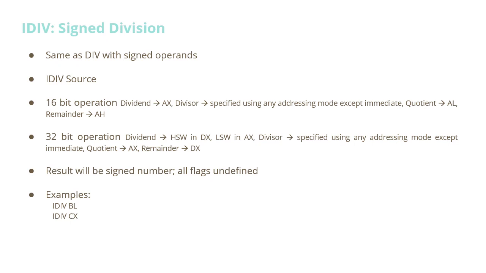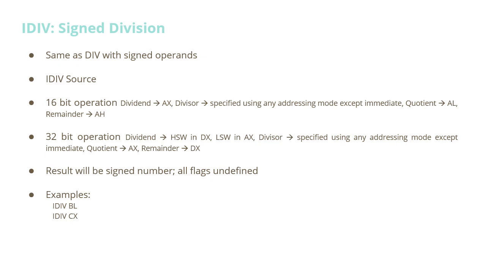Next is the 32-bit operation, where the dividend is a 32-bit double word, where the LSW is present in AX and the HSW will be in DX. The divisor will be specified using any of the addressing modes except that it cannot be an immediate number. The quotient will be in AX and the remainder will be in DX in this case.